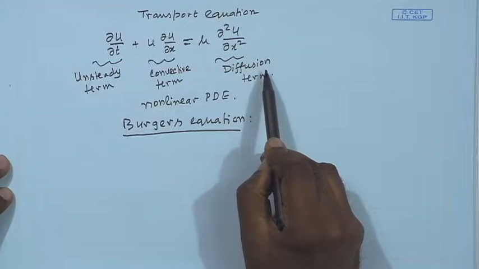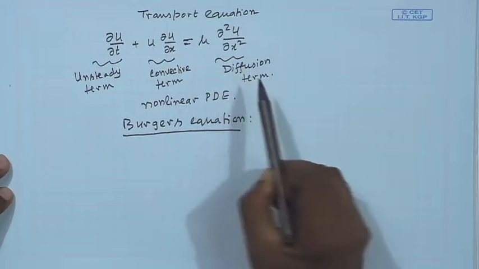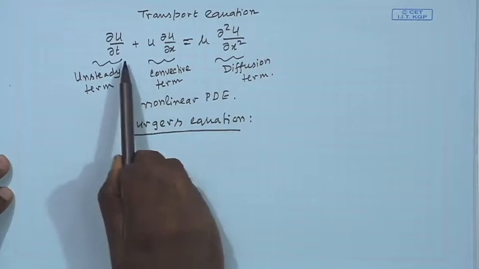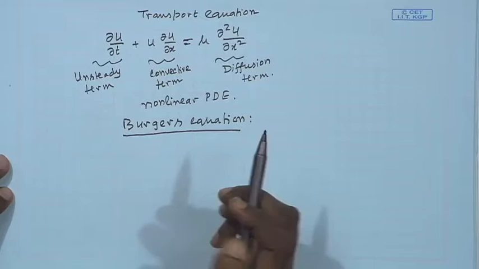Another difficulty is that this equation is in general a parabolic type, but it has hyperbolicity if this diffusion term is negligible. If this term becomes negligible, then it becomes a hyperbolic one.